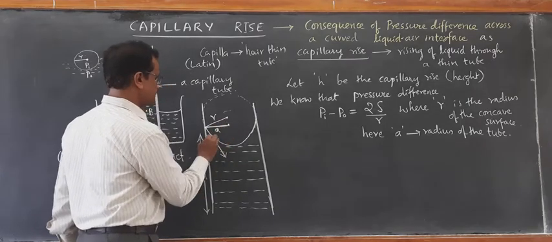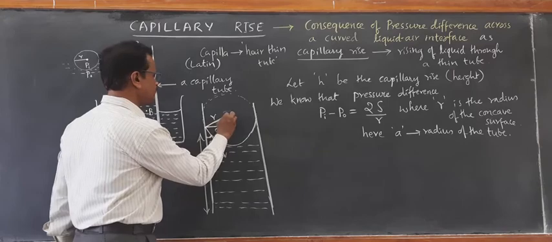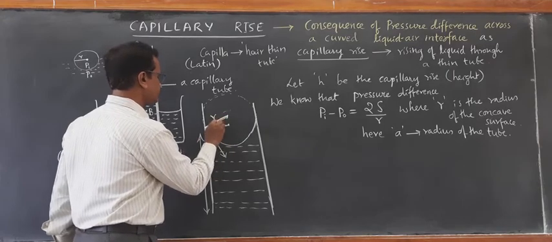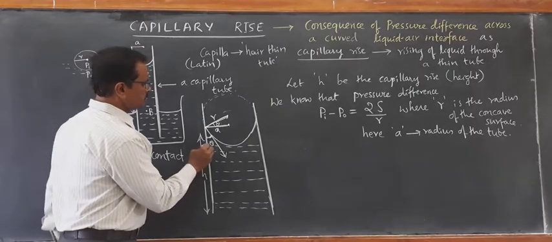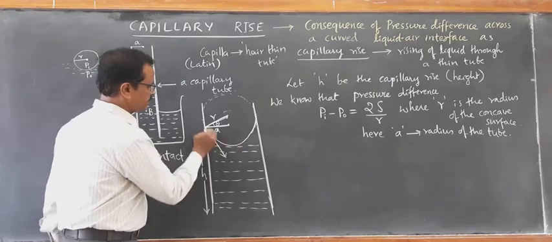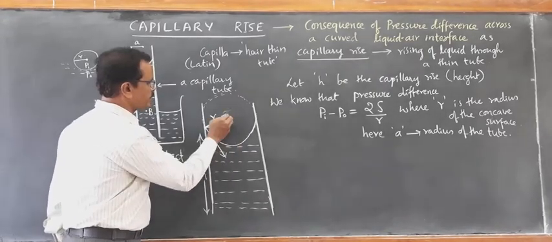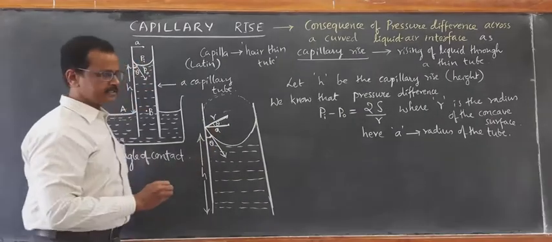If this is the angle theta, we can prove that this is also forming the same angle theta here, because this is the tangent drawn at the concave surface, and the tangent is always perpendicular to the radius.